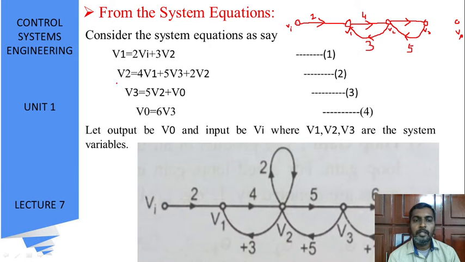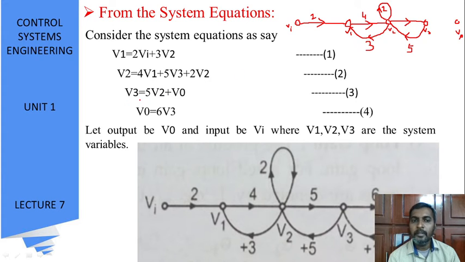So see here, V2 is equal to 4 V1 plus 5 V3 plus 2 V2. That means it needs to be a self loop. Here the self loop value is 2, so 2 V2.